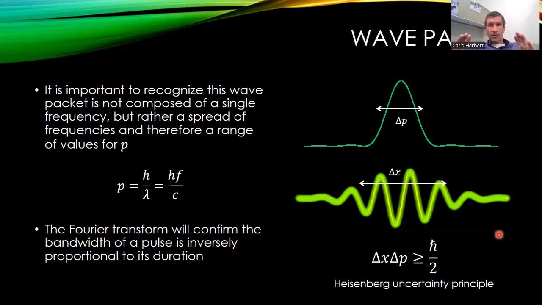The temporally shortest pulse of light requires a very large spread of frequencies to produce that narrow pulse. Again, a little bit beyond our discussion here, but going back to what we're trying to show here is that we can represent both a particle and a wave nature to both the photons and these matter particles.